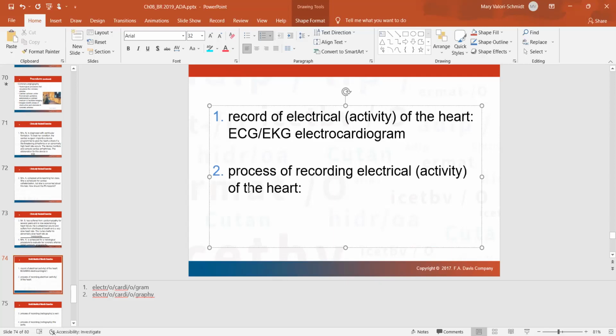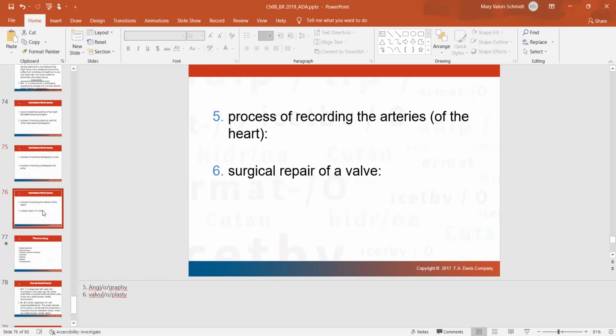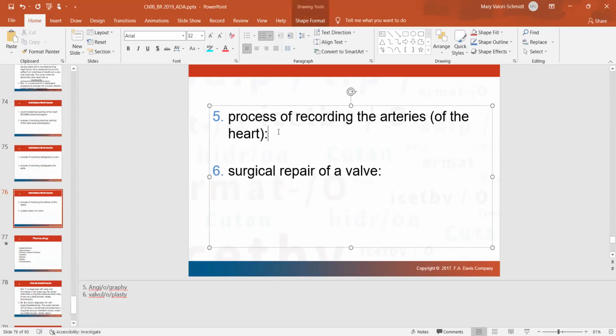And the process of recording that activity is electrocardiography. Aortography, we're going to skip that slide. Recording the arteries of the heart, and we just talked about it, is angiography.